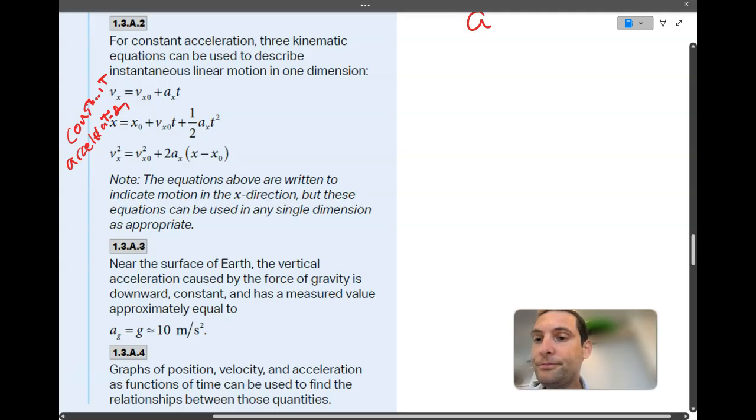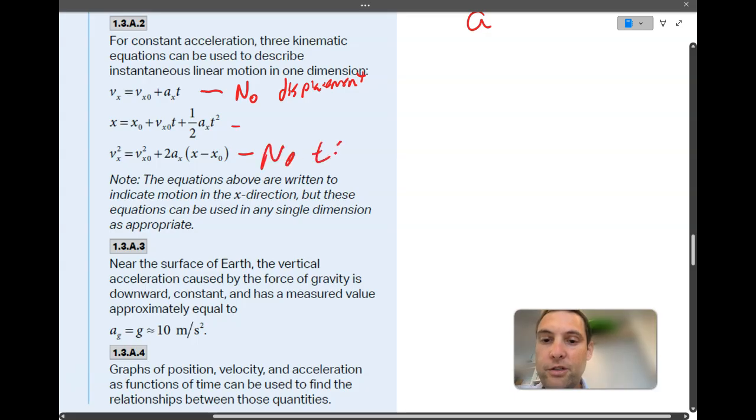So, it's not entirely important for you to memorize all of these equations, but you should have an idea what they look like. I also recommend naming them, so that way you can reference them quickly. Here we can call this the no displacement equation. This is our no time equation.